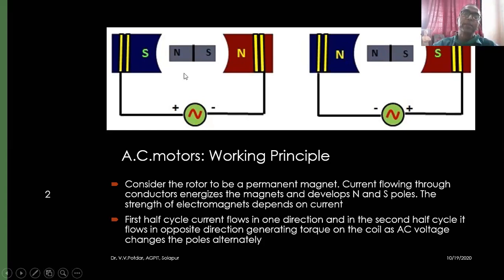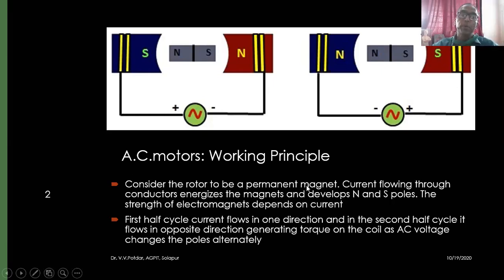So initially, as you can see here, the north pole is matching with the south pole and the south pole with the north pole. When the switching has taken place, this terminal has become positive and this terminal has become negative. So we have the magnetic fields reversed, and then the motor starts rotating.